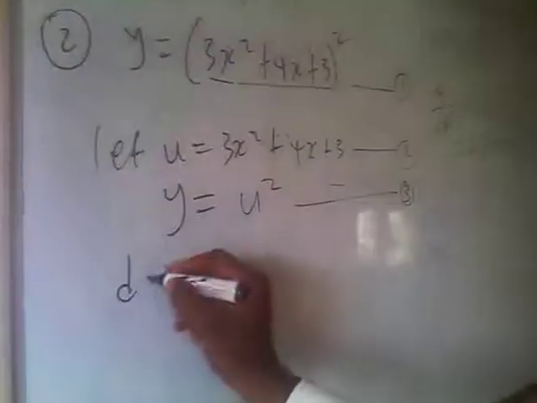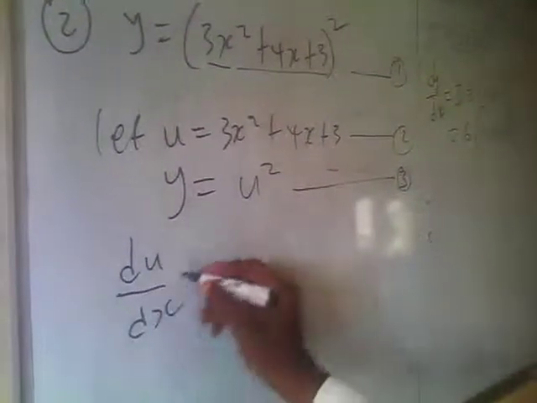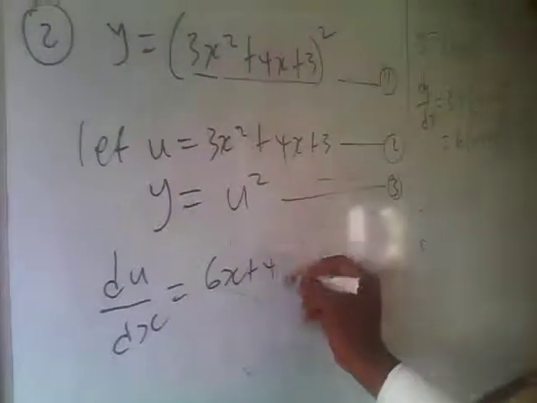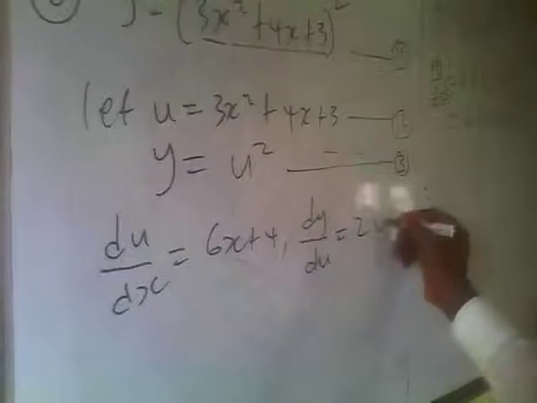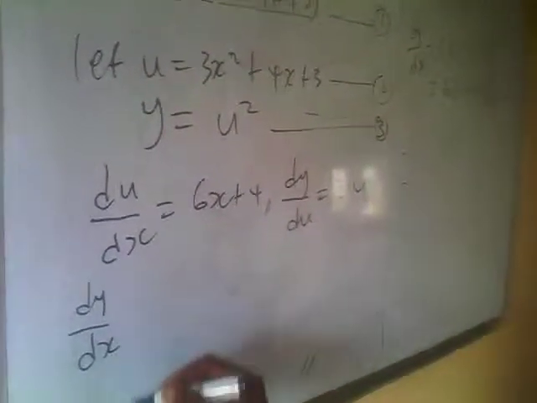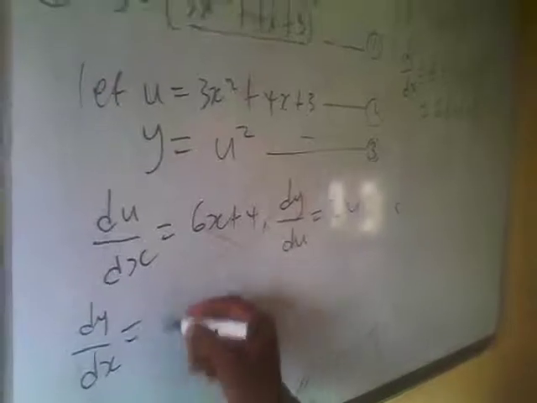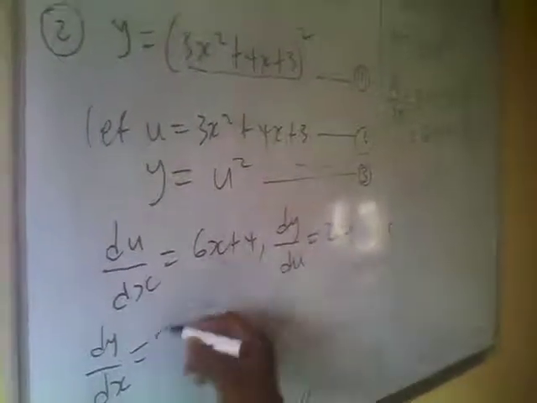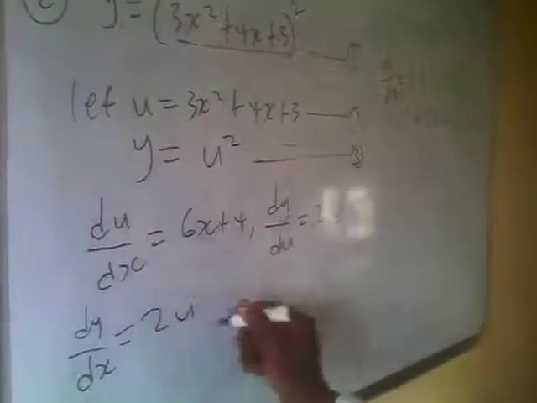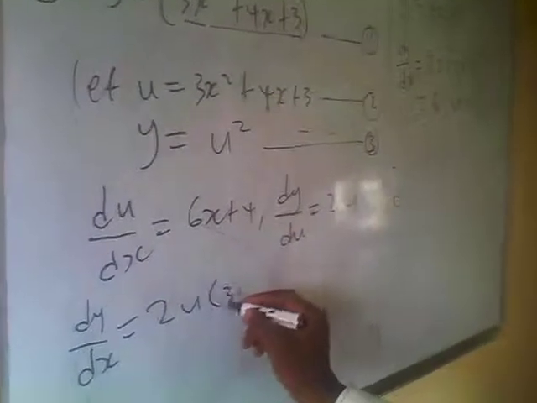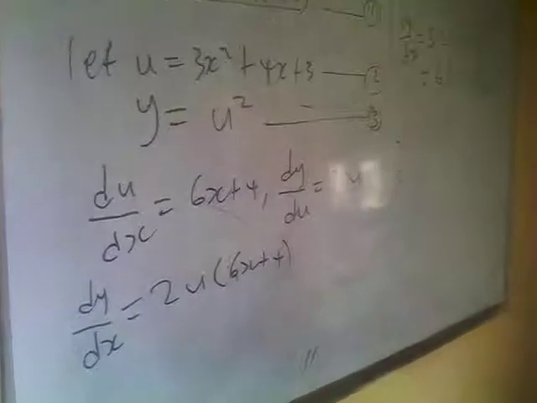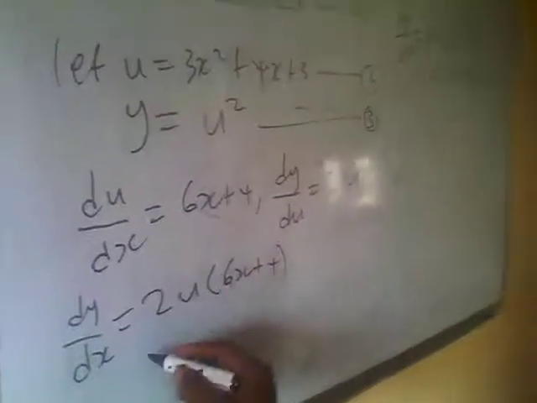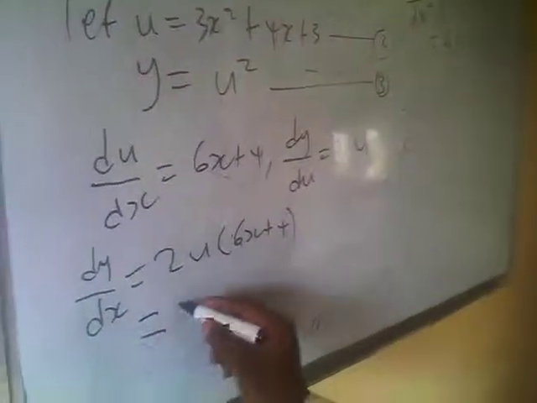Differentiating u with respect to x, we have 6x + 4. And differentiating y with respect to u, we have 2u. Remember that dy/dx is the product of du/dx times dy/du. So that is dy/du, which is 2u, times du/dx, which is 6x + 4.